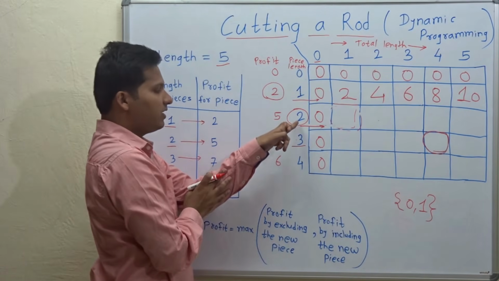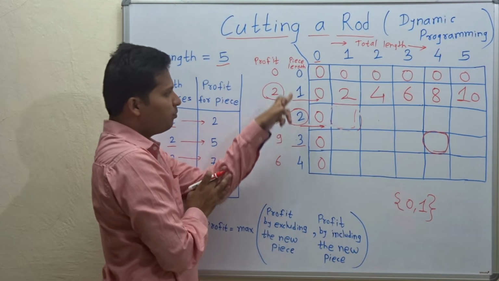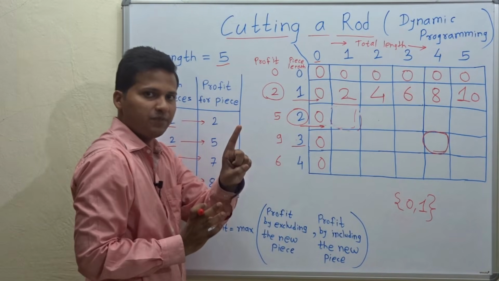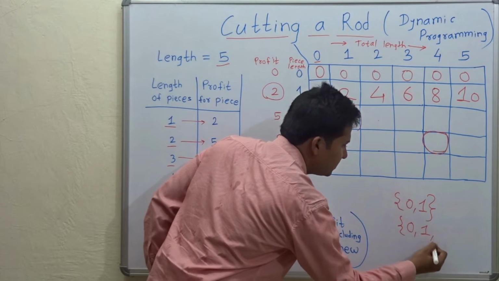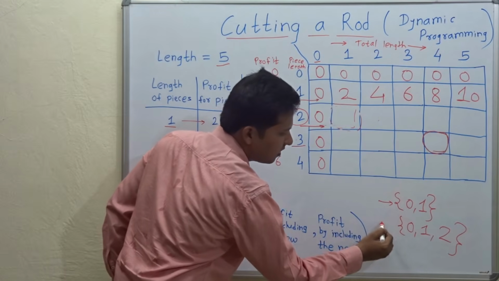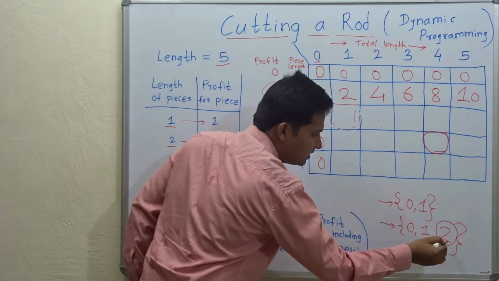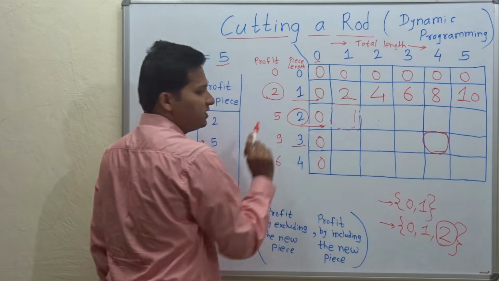So the length of the piece for the current row is the new piece, because now that piece is added to the set. See, in this set it was not there, now it is added. The current piece length is added here. So this is the new piece.